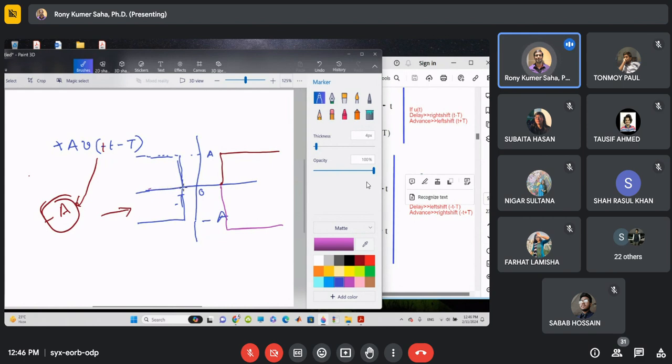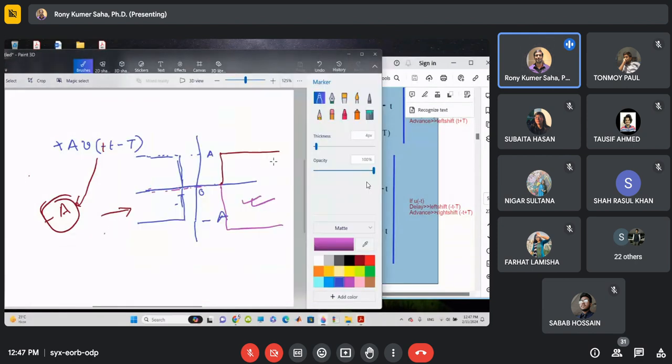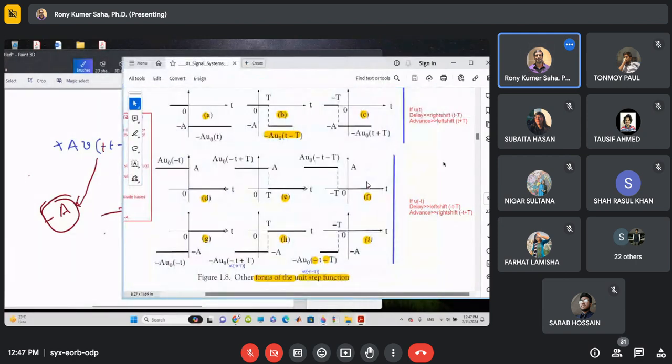But make sure that we also represent this other part. So this is the response of this. You can check this one, the response of this, for positive values of t. Start from positive values of minus a. Oh, it's negative, right?